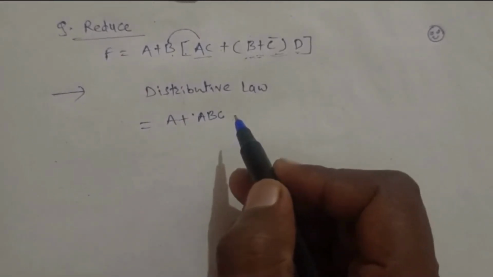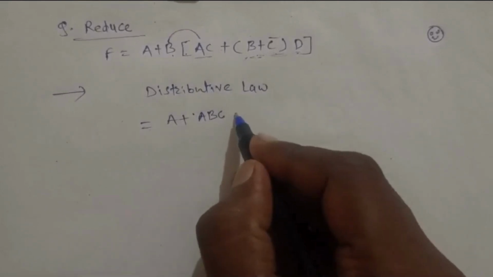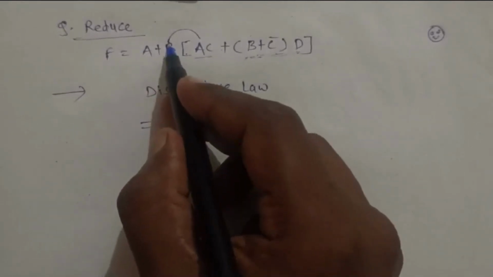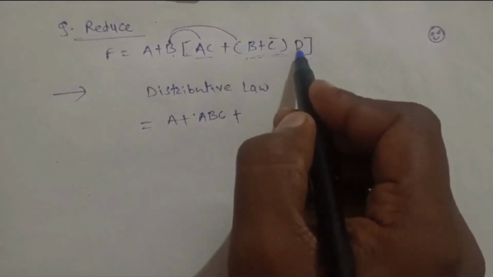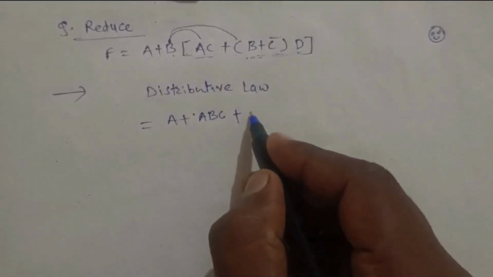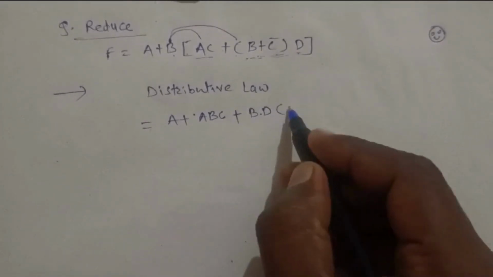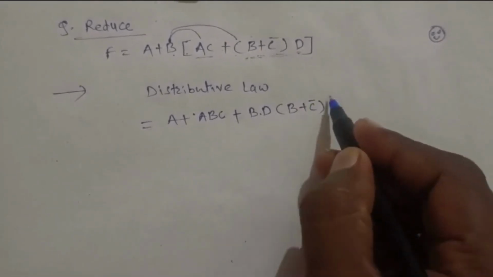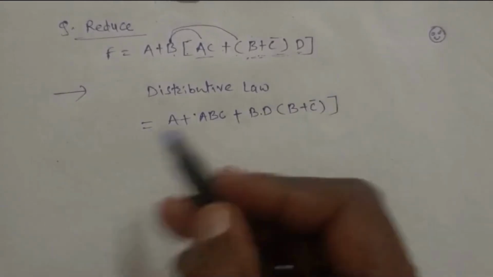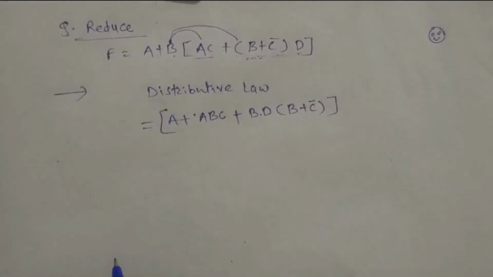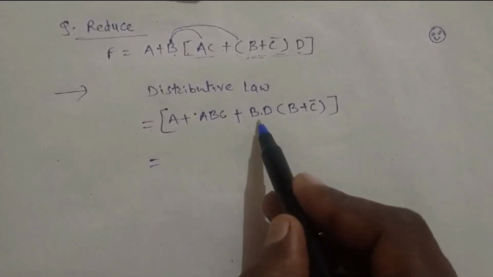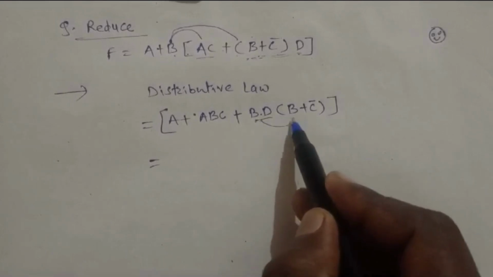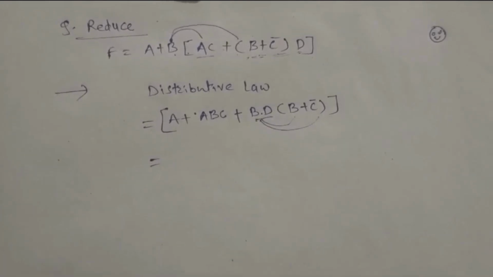We can write it as ABC or BAC, both are the same, plus here B will also get distributed to this, out of this bracket, but in multiplication with the D. B into D in bracket (B plus C bar), and this whole bracket will be closed.